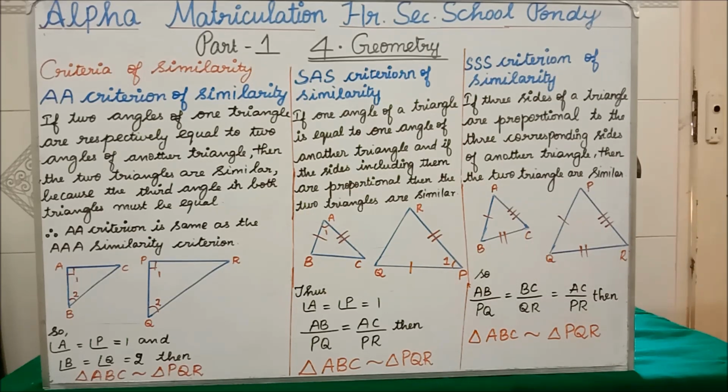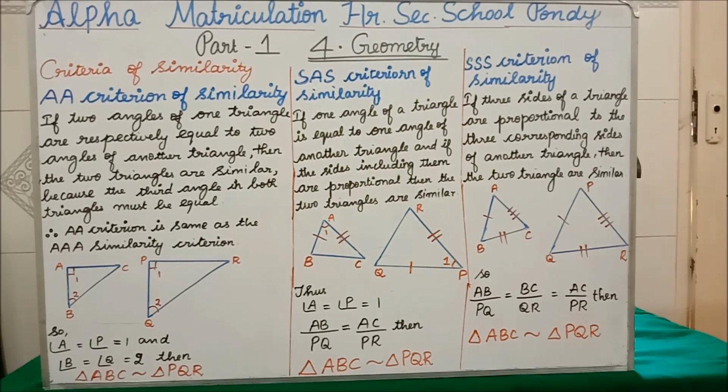So we can write BC divided by QR. Where is triple marking? AC here. Here this side we are having PR. For AC the corresponding side is PR. So I am writing AC divided by PR. Then triangle ABC is similar to triangle PQR.